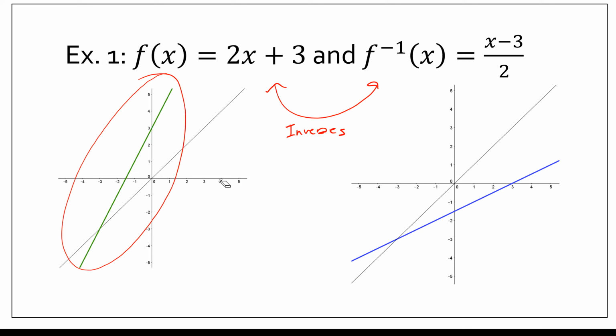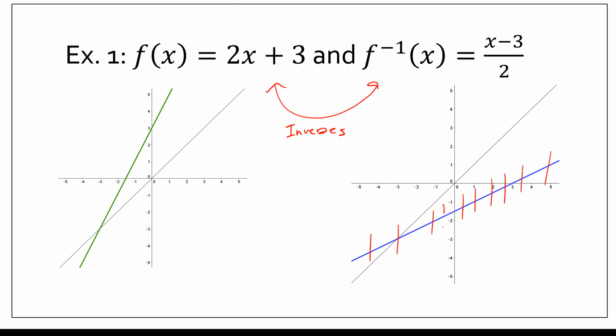Now, let's test to see if this function is actually a function. Does this function pass the vertical line test? It does. So where does the horizontal line test come into play? Well, remember how I said that when we reflect over this y equals x line, the function is kind of turned sideways.